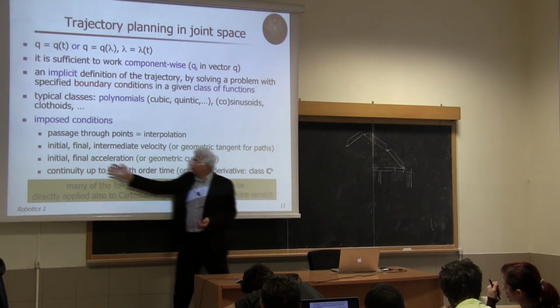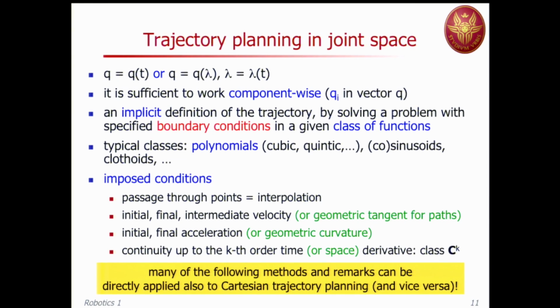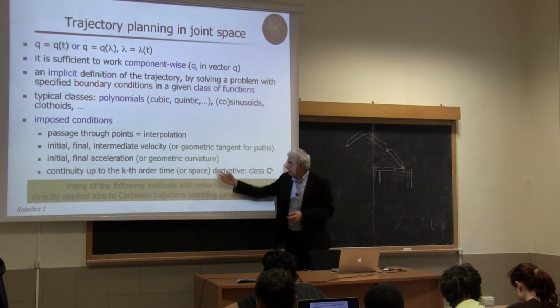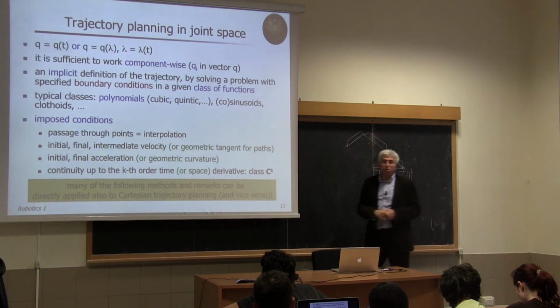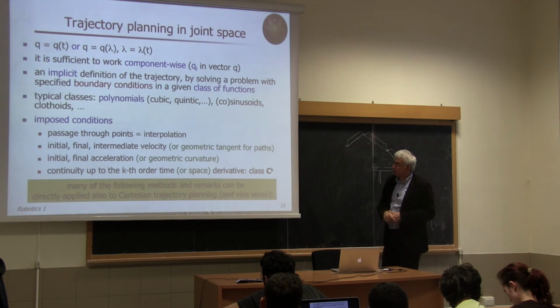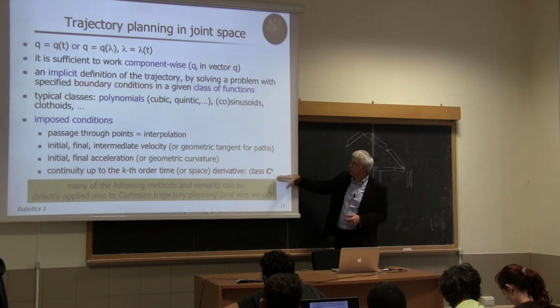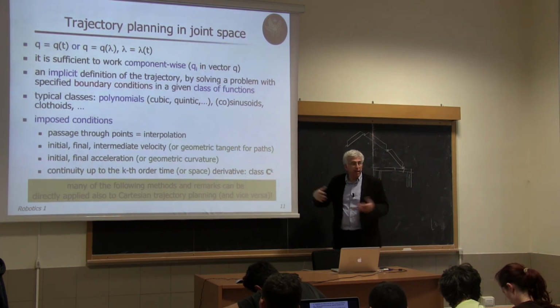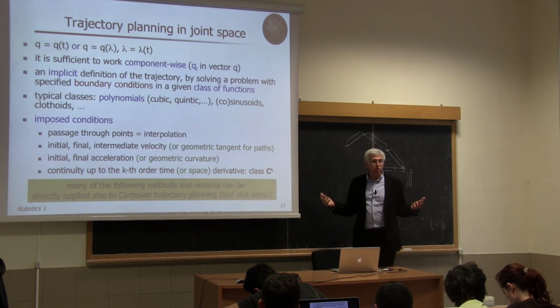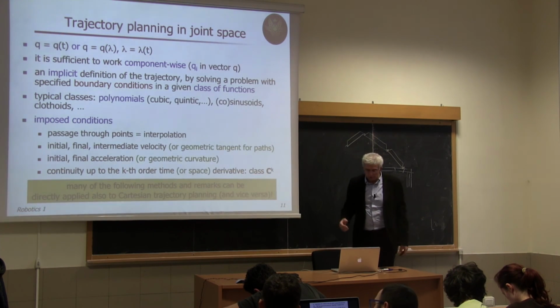Similarly, you may specify some initial and final acceleration. You want to start with zero acceleration, for instance, and end with zero acceleration. Or arrive with no curvature. Okay? So again, in time or in space. And then you may wish to guarantee some continuity up to a certain order. So you specify a class of functions which is intrinsically C^k, for instance C2, so continuity of acceleration.